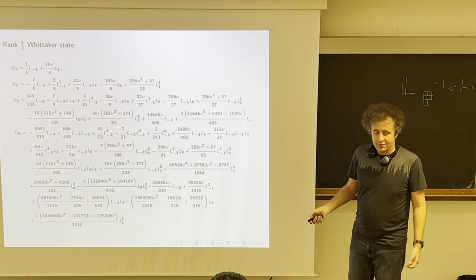And in fact, if you are now interested in conformal blocks, I have not yet defined conformal blocks, but let me say that if you take this G4, this guy is responsible for the very first non-trivial contribution to the expansion of the tau function. It is responsible for this term here.